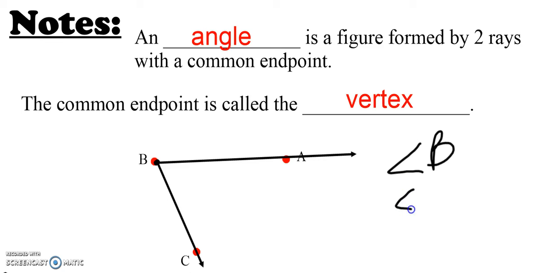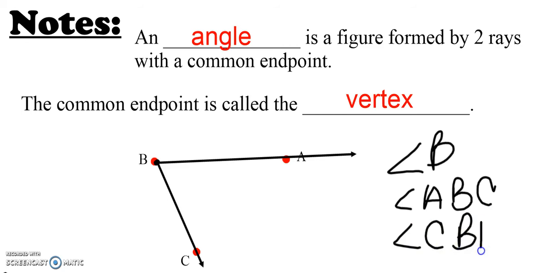So for instance, it can be angle A, B, C. Lastly, it could also be angle C, B, A. So you can either name with just the vertex if there's only one angle that you're looking at, or if you are naming it with 3 points, the middle letter should be the vertex point.